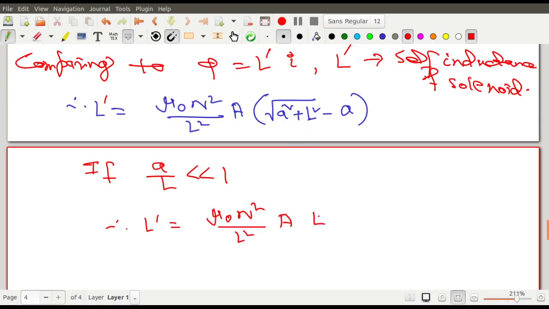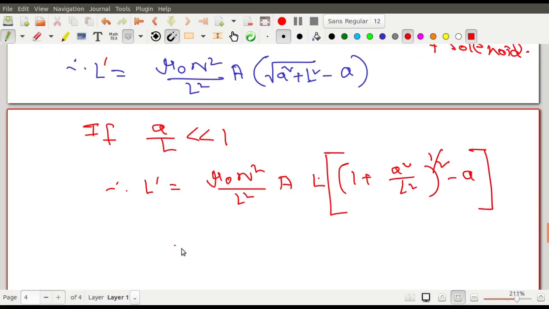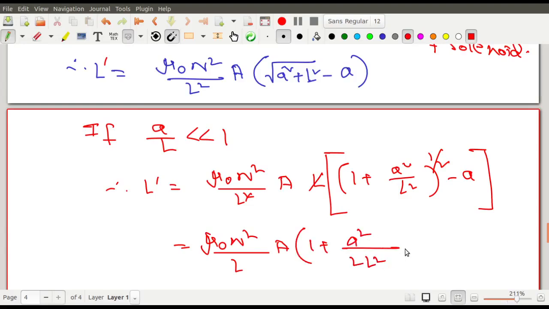Taking l common, I have l and I have 1 plus a square by l square to the power of half minus A. If I go for a binomial expansion, I just remove the square because it gets cancelled. With binomial expansion I will have 1 plus a square by 2 l square. Is it so?